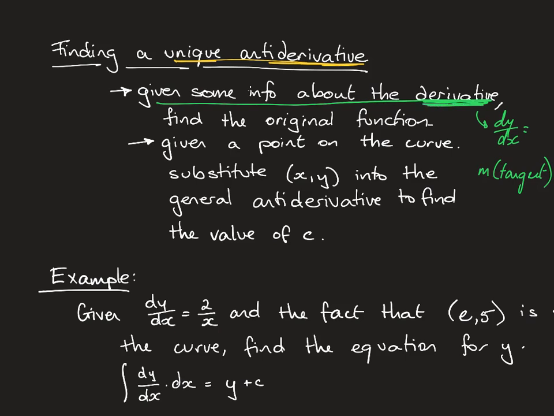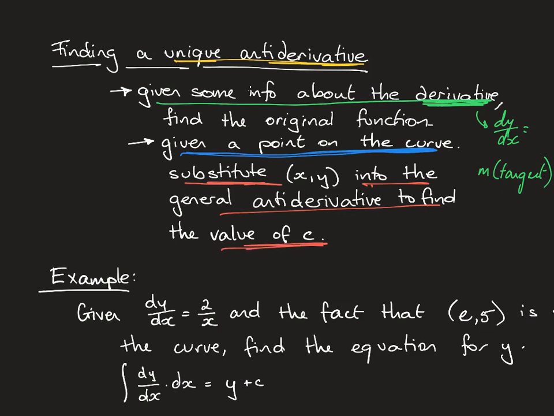Then they'll also give you a point on the curve that you can then substitute into the general derivative formula to find the value of c.